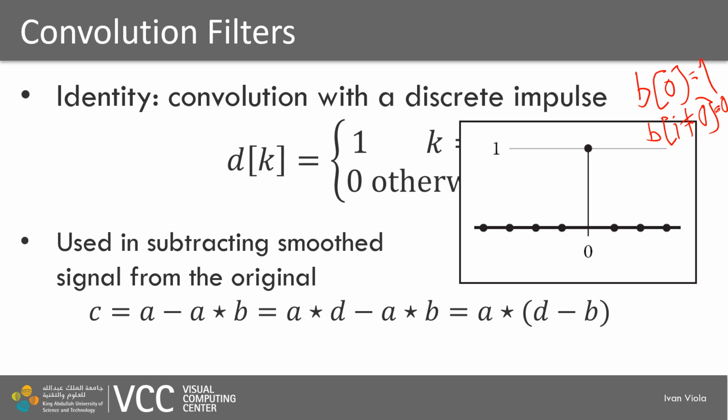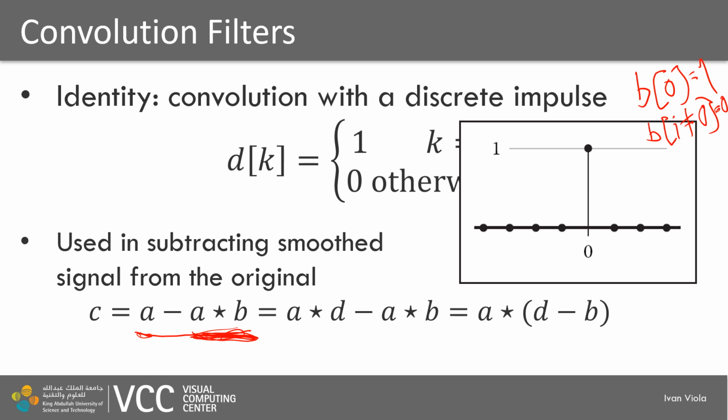So for example, here you can see that what we want to do is to subtract from our signal A the same signal convolved with the filter B. This will be, for example, used in sharpening operations where we are subtracting certain blurriness from our image. So this could be a convolution smoothing, and if we subtract smoothing from an original image, we are somehow sharpening the image.